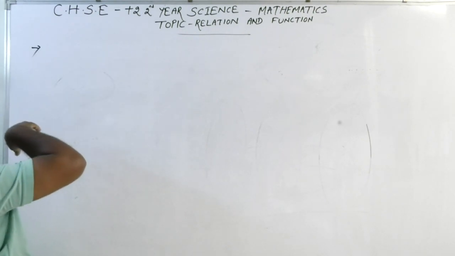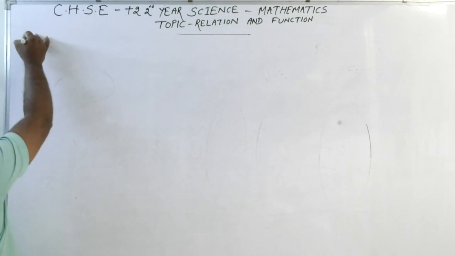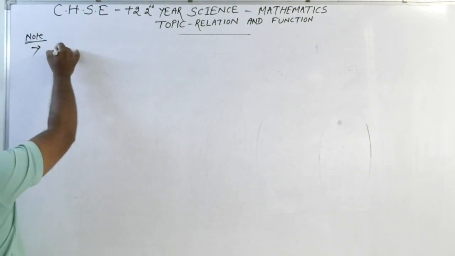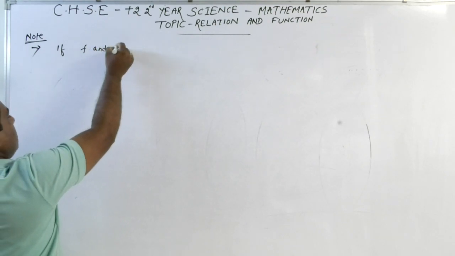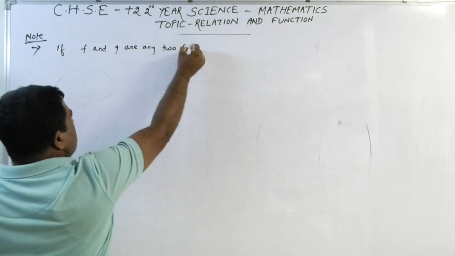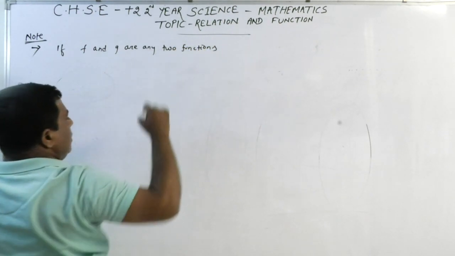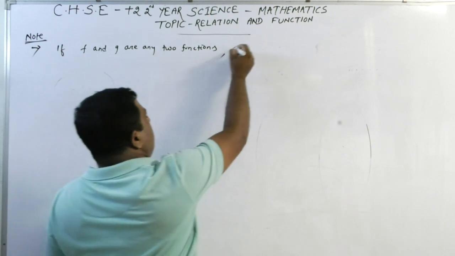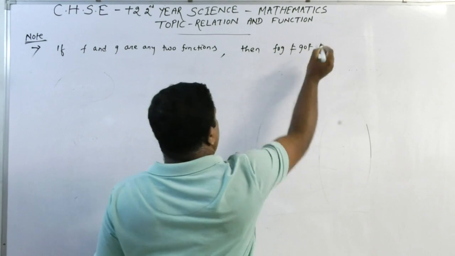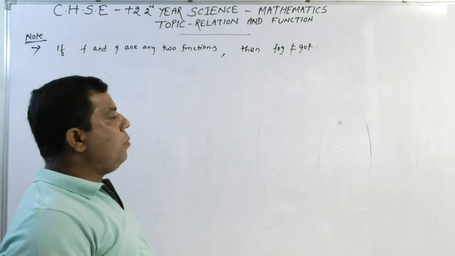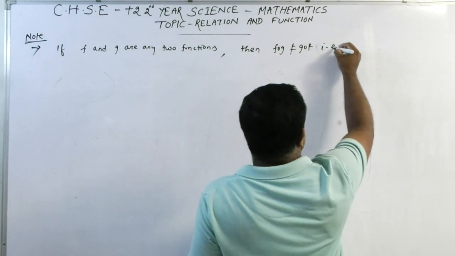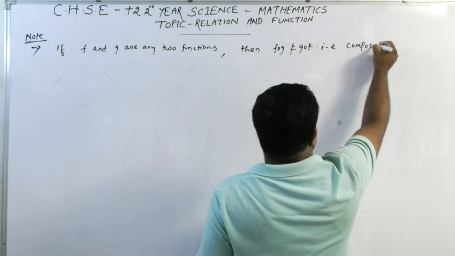The first observation is, make a note of those observations. The first note is, if f and g are any two functions, then fog is not equal to gof.